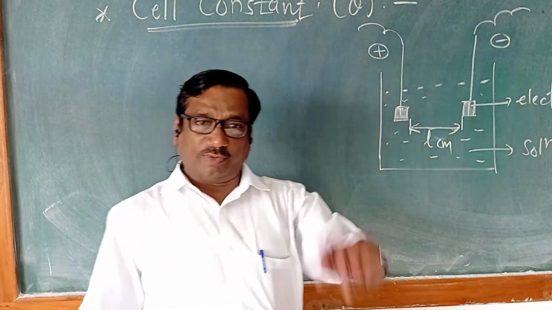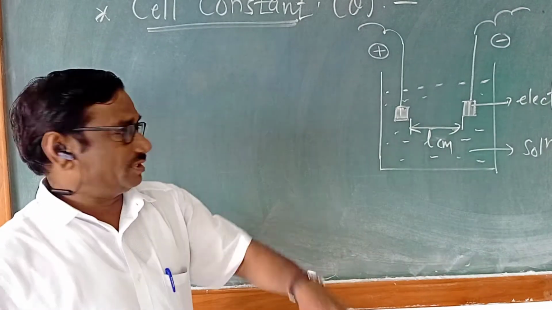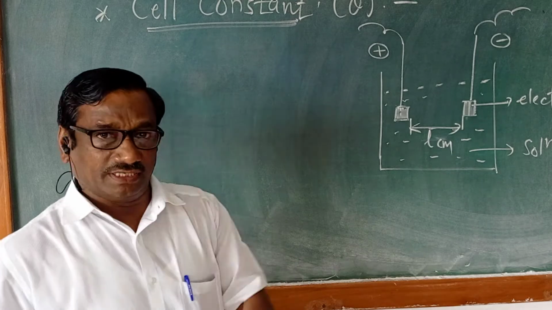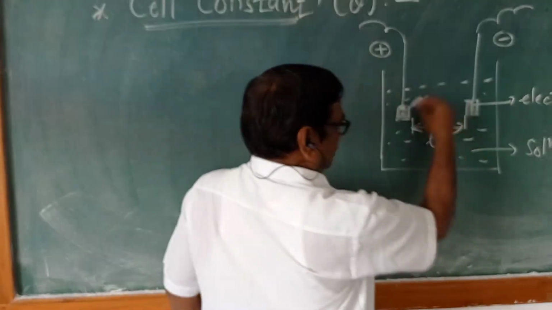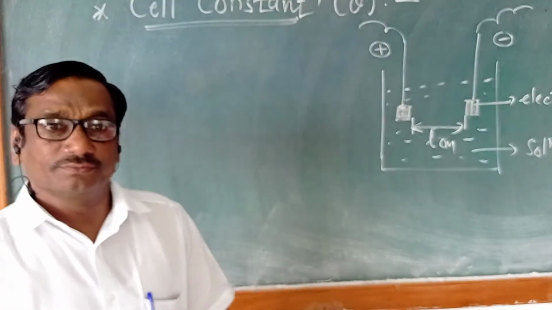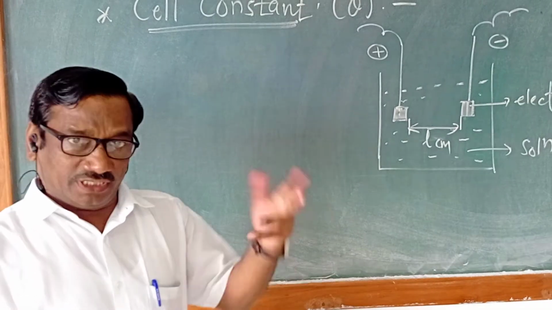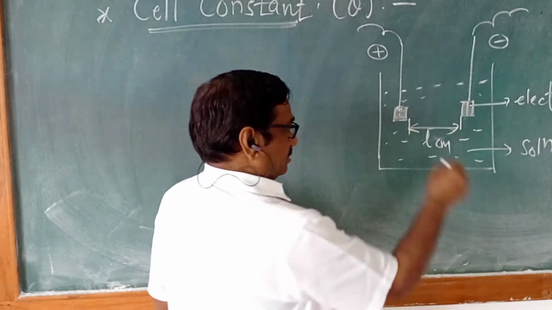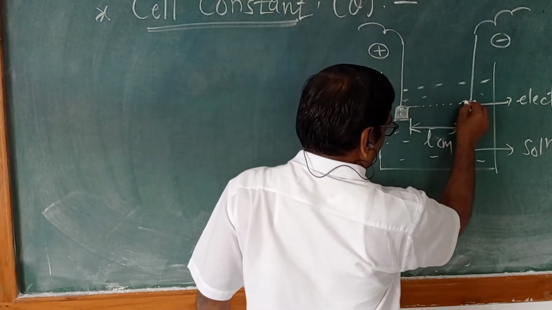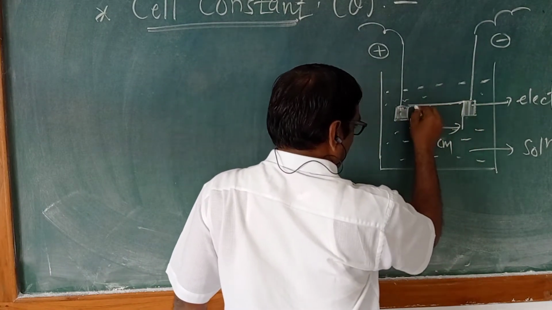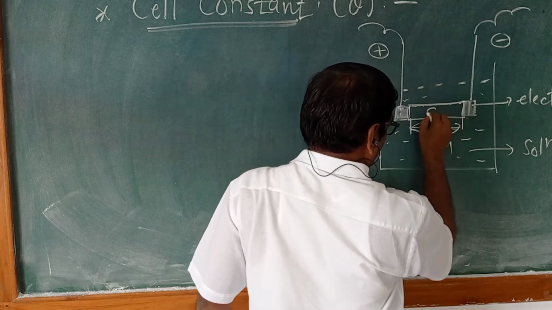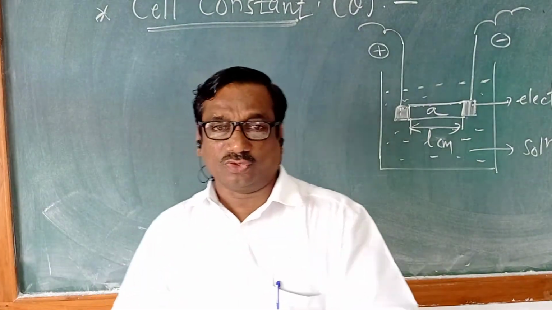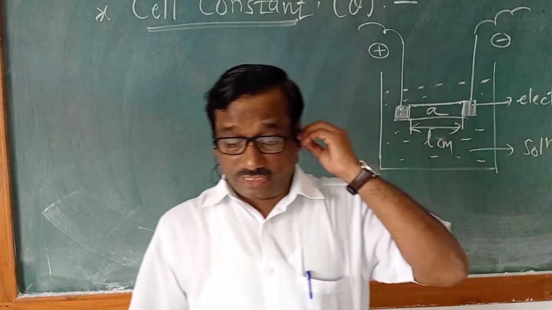Metallic electrodes, mostly platinum electrodes, are fixed in the conductance cell. The solution contains cation and anion, which work as a conductor between the two electrodes. This is the area of the conductor: the area of the solution between the two electrodes.